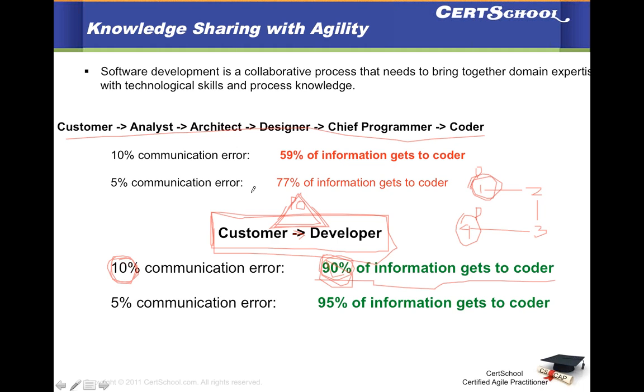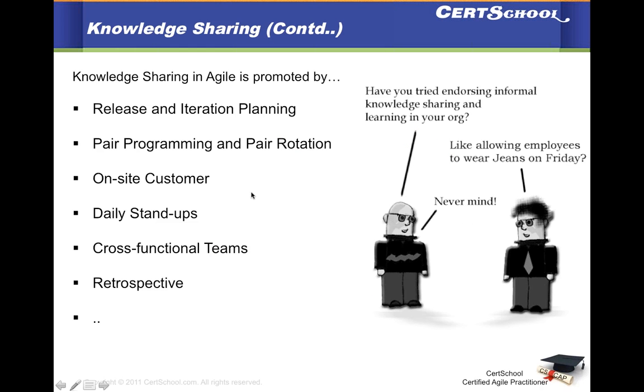All right, so this is the basic concept. Now, how is Agile doing this already? There are certain practices that we have looked at where this knowledge sharing is inherently happening. There's release and iteration planning.